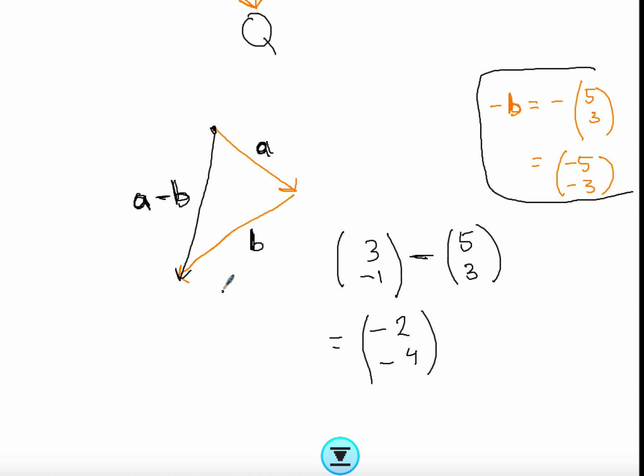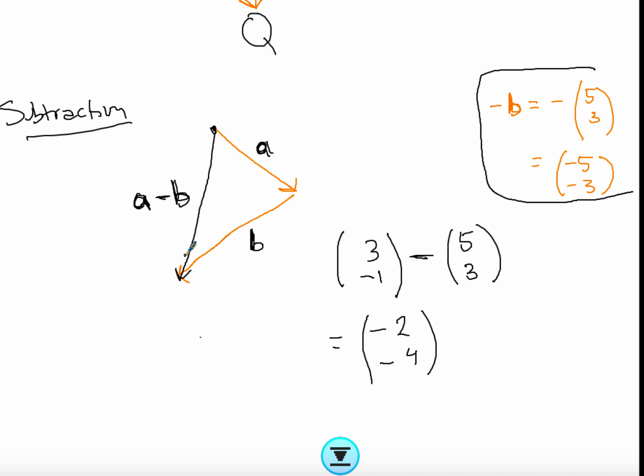So again, this is subtraction. Missed out on the spelling. So this is subtracting vectors, and quite straightforward to do.